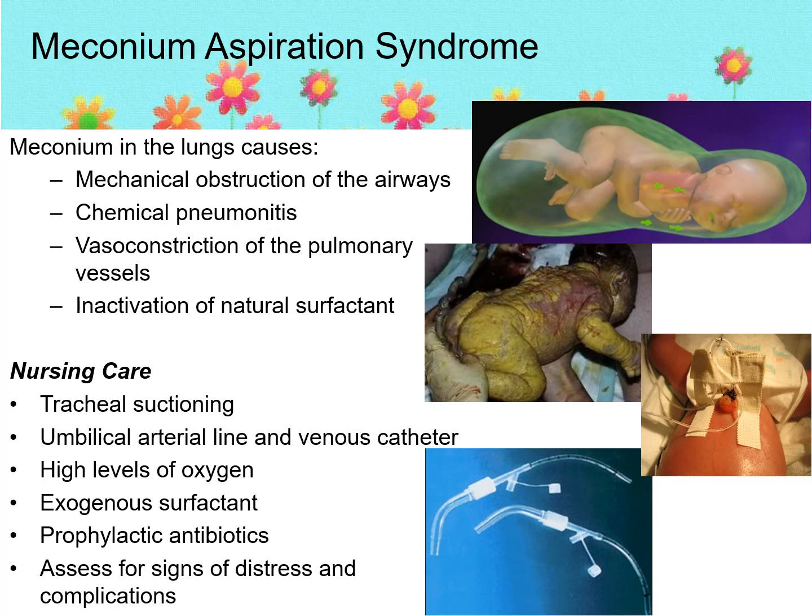Okay? So we care about this because meconium in the lungs causes mechanical obstruction of the airways, chemical pneumonitis, vasoconstriction of pulmonary vessels, and it actually will inactivate that natural surfactant that they need to keep the alveoli open.